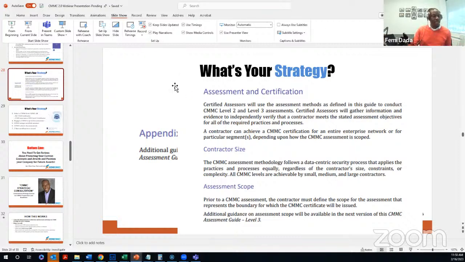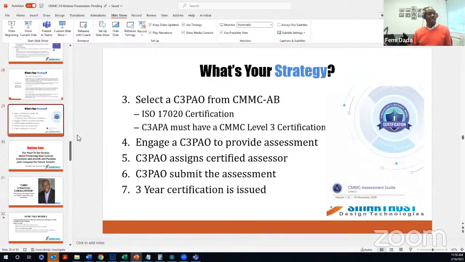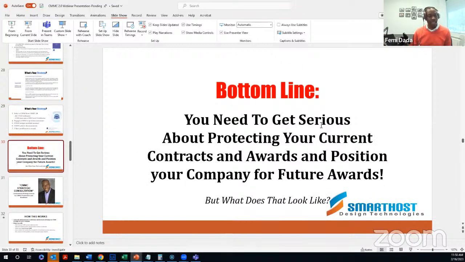We have some tools and resources that we're using to meet our own compliance requirement, and how easy would it be to take that and help implement our customers' requirements? So at the end of the day, the bottom line is that you need to become serious about protecting your current contract and setting yourself up for future awards.